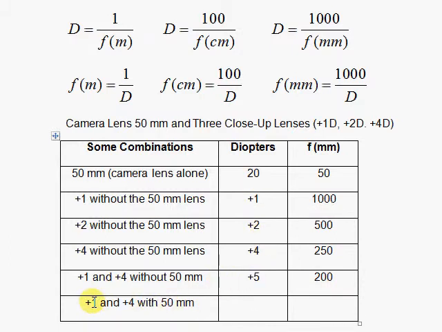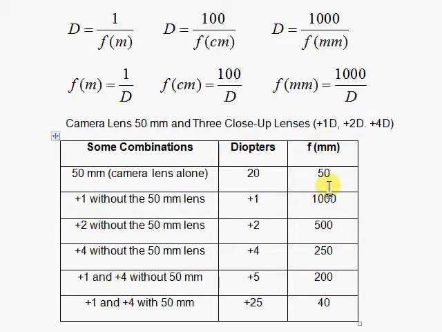But now if I take the plus 1 diopter and a plus 4 diopter and put it with my 50 millimeter lens, I have 20 diopters with the regular lens, and the 1 and the 4, I have plus 25 diopters. To get my focal length, what is 25 into 1,000? Well, 25 goes into 100 4 times, and there's a 0 hanging around for the ride, so the answer is 40.